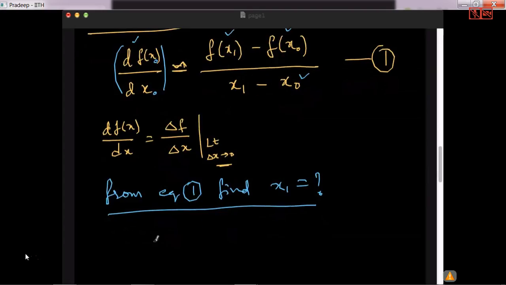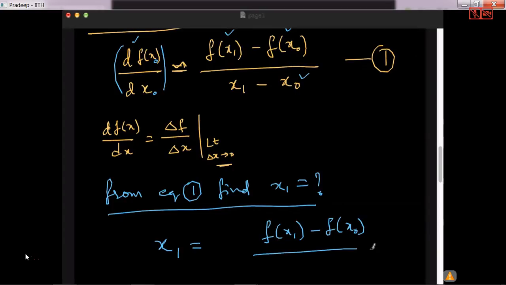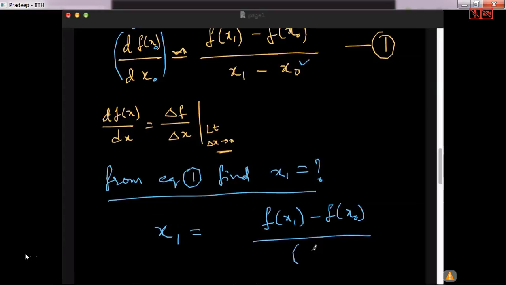So how to find x1? x1 is like this. f of x1 minus f of x0 is there as it is, the numerator. This one will come in the division, that is d f of x0 divided by d of x0. And then this x0, and then here it will be plus.